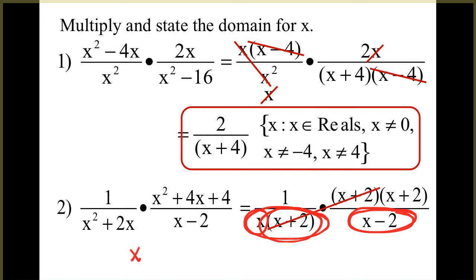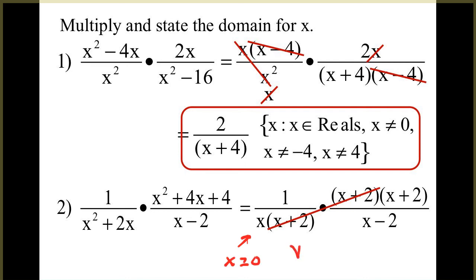So set all 3 equal to 0. x cannot equal... So for the first one, x cannot equal 0. For the second one, x cannot equal negative 2. For the third denominator factor, I have x cannot equal positive 2.